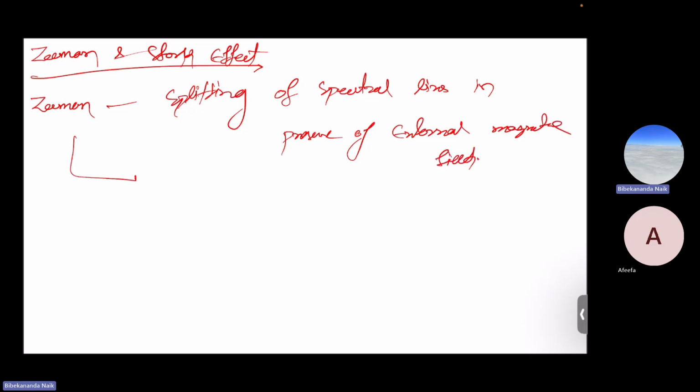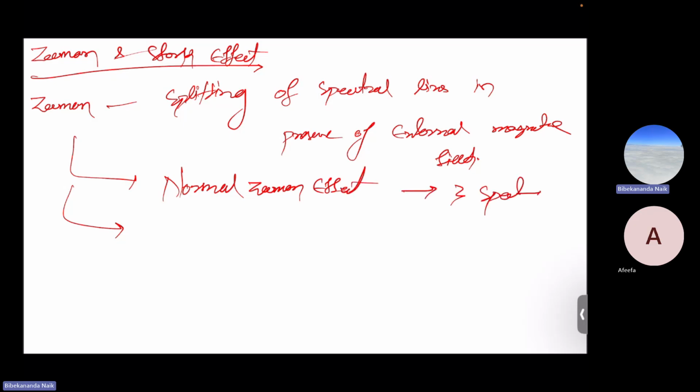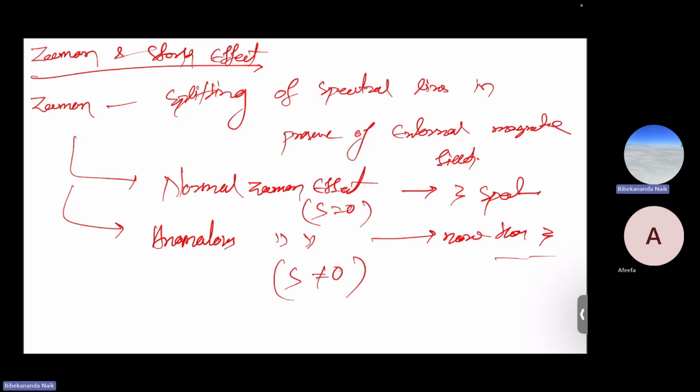There are two different Zeeman effects. One was the normal Zeeman effect, where a single spectral line gets split into three components, and the other is called the anomalous Zeeman effect, where it splits into more than three lines. In the normal Zeeman effect, spin is 0, but here it is non-zero.